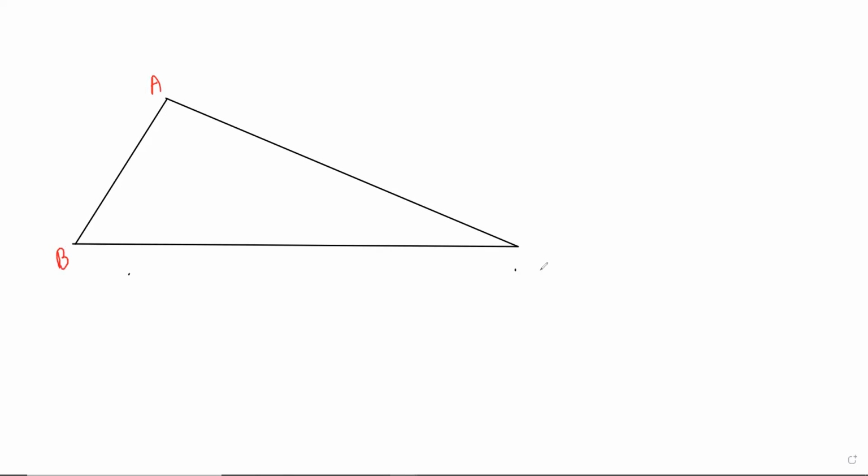Again, an application of similarity, of course, parallel lines and so on. There are many, many interesting applications we'll see, but for the time being, let's do this.